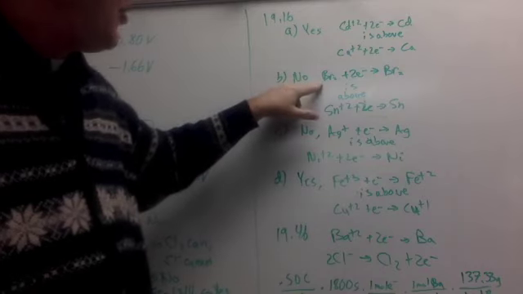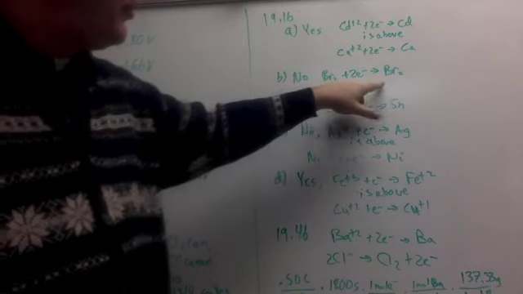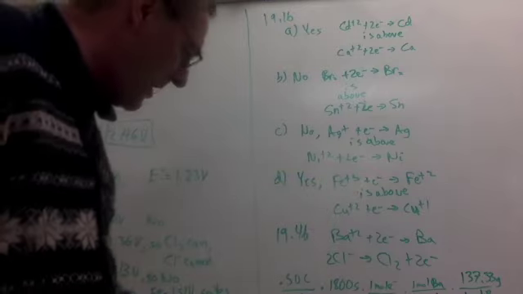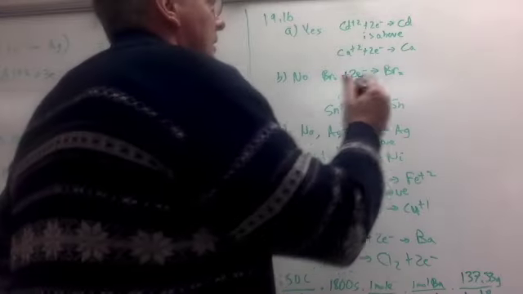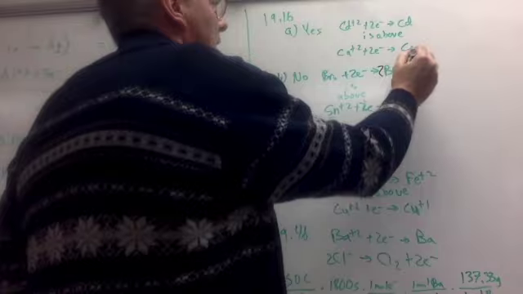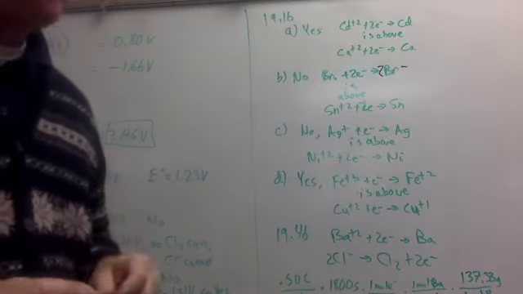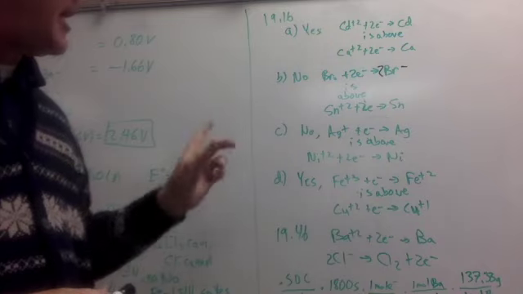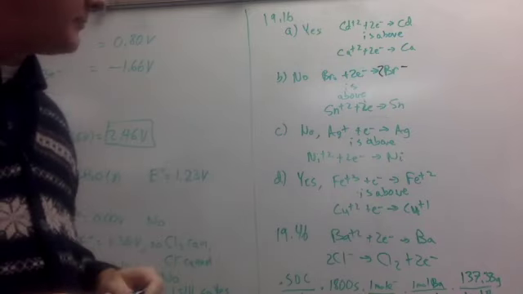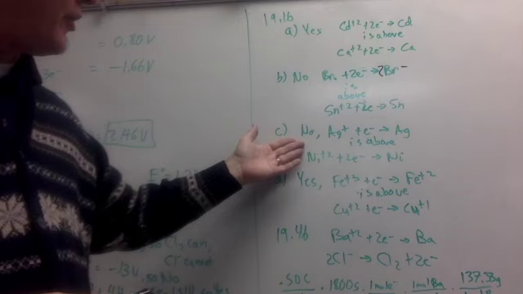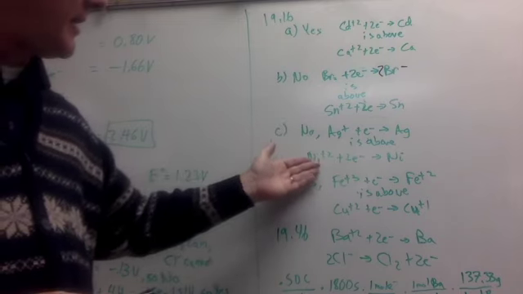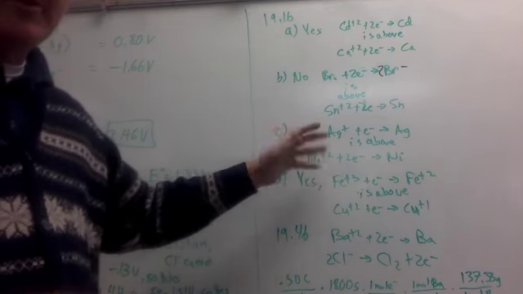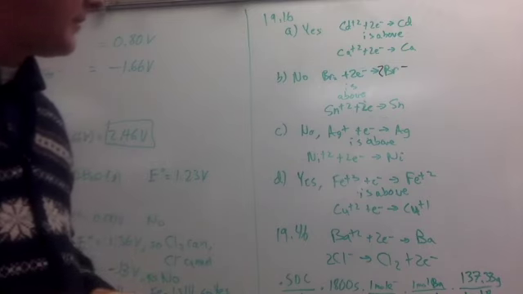This one is a no because Br2 makes 2 Br minuses is above the Sn plus 2 making Sn, so I would not be able to get that combination to work. This one also is no because Ag plus is above Ni plus 2, so that one doesn't have the right one being flipped.